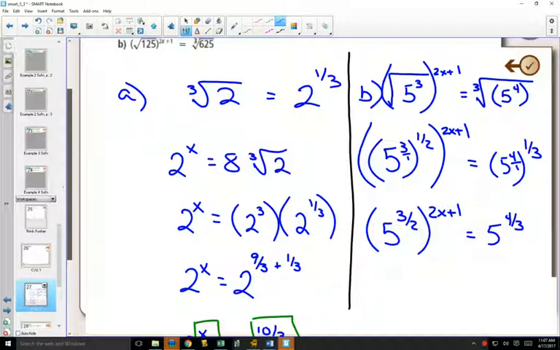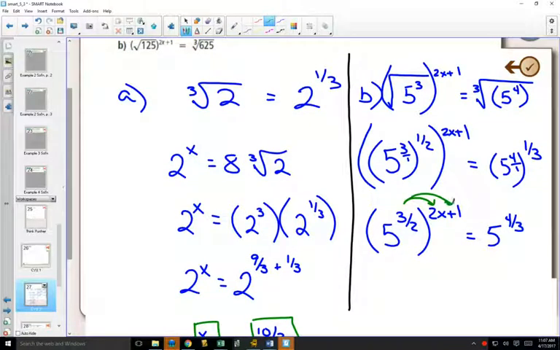On the left side, we have another power to a power. When I multiply that, I'm going to have to distribute. So I'm going to get 5 to the 3x plus 3/2 equals 5 to the 4/3.